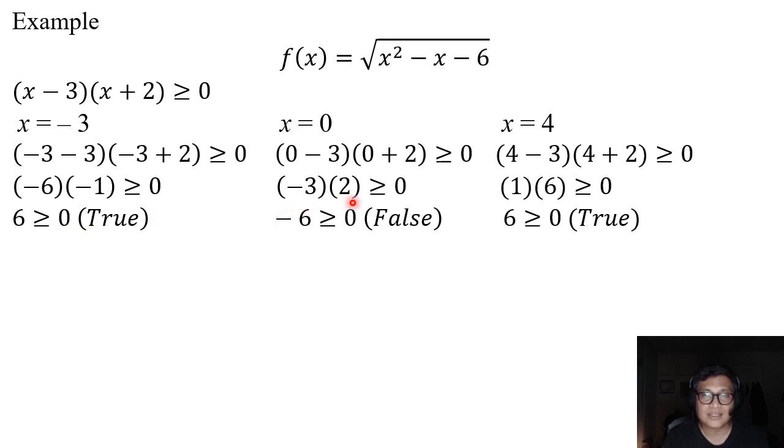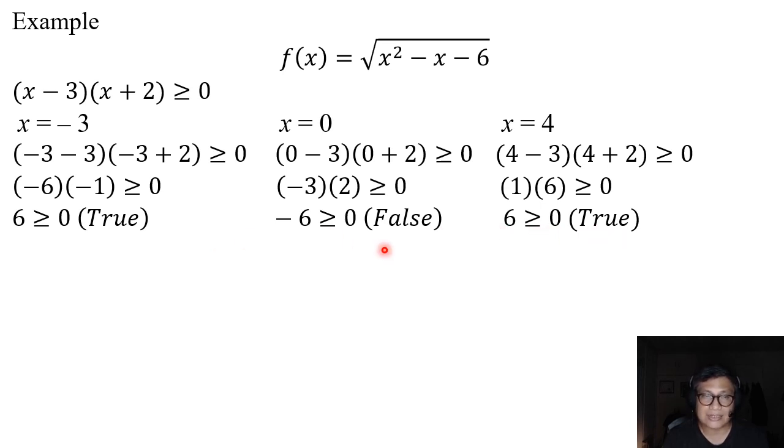Here, -3 times +2 is -6, greater than or equal to 0, is a false statement. So this is not true. And 1 times 6 is +6, so 6 is greater than or equal to 0. Again, this is also true.